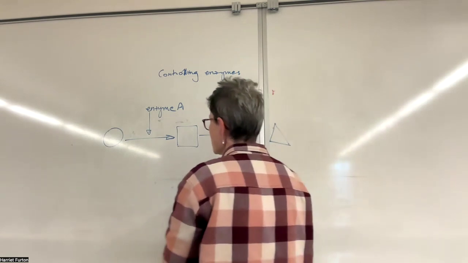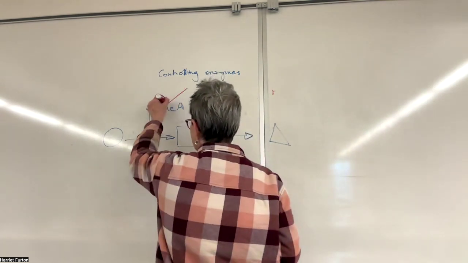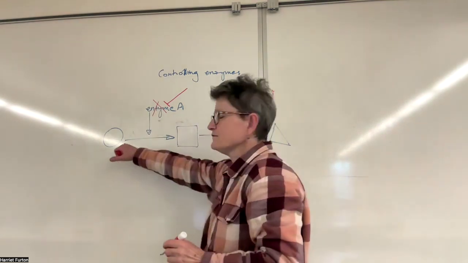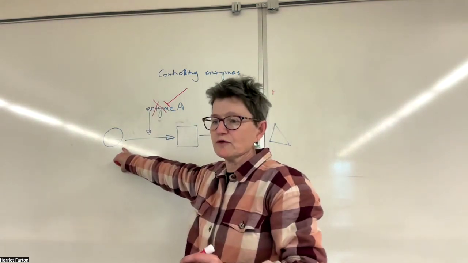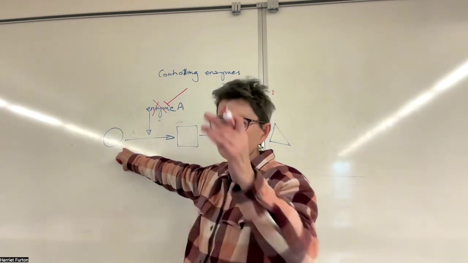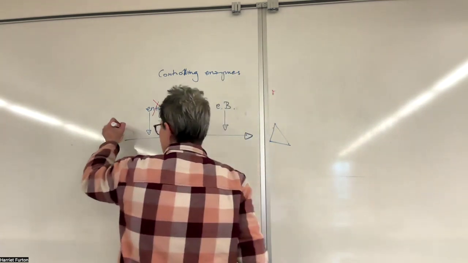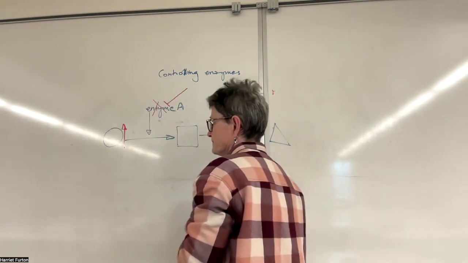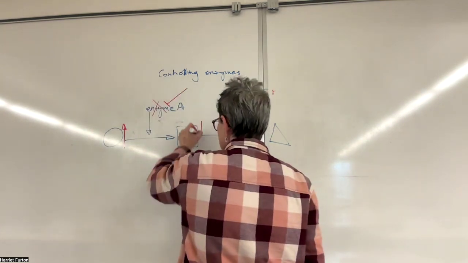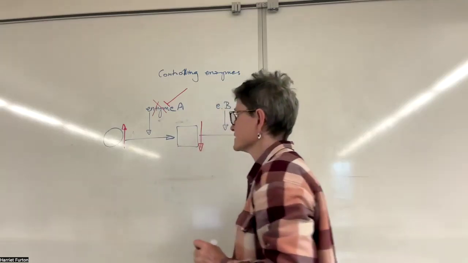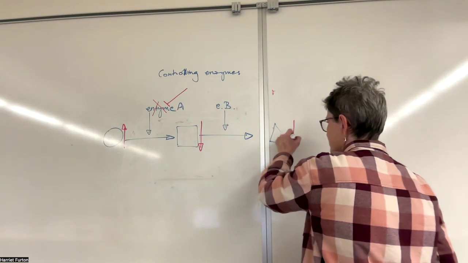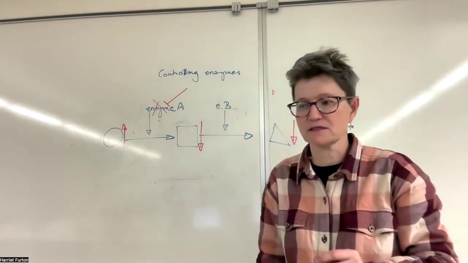If we block this enzyme, what would happen with the circle in that area? Its amount will increase and the square's amount will decrease. Therefore, the triangle will get decreased too.